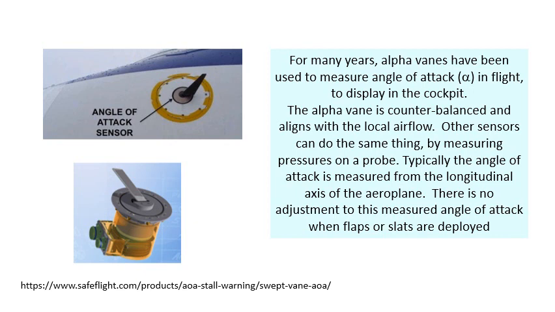Now, from another aspect, you can measure angle of attack. For many years, alpha vanes have been used to measure angle of attack. The alpha vane is counterbalanced and aligns with the local airflow, and the angle of attack is measured from the longitudinal axis of the airplane. Always, in my experience, there is never any adjustment to this measured angle of attack when flaps or slats are deployed.